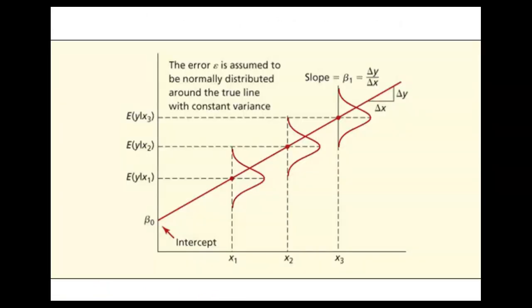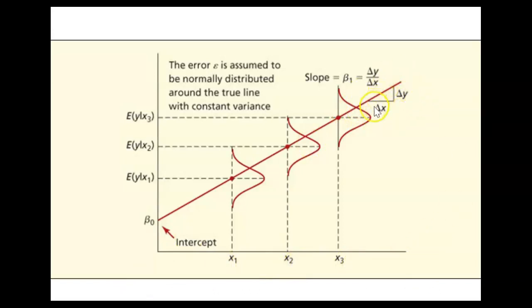Okay, so graphically, this is what an estimated regression model would look like. It has a linear relationship where the intercept is beta 0, and here the intercept is positive. The slope parameter, beta 1, is equal to the change in the variable on the y-axis, the vertical axis, divided by the change in the variable on the horizontal axis.